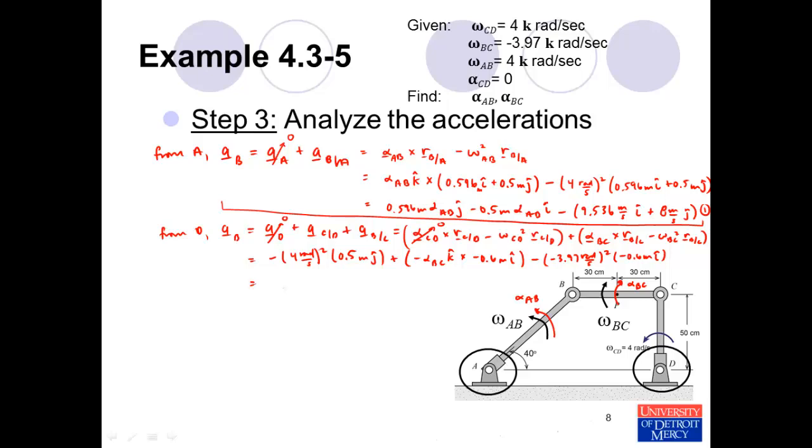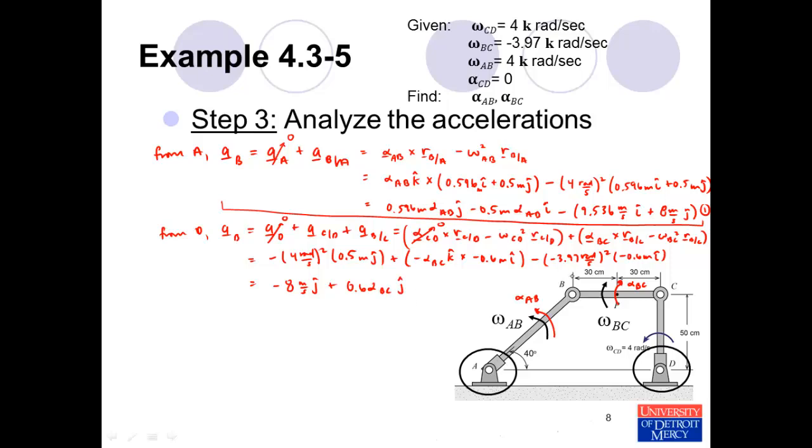And so if we expand all of that out, again, very quickly, this works out to be negative 8. 16 times 0.5 is 8 meters per second in the j. Then we have this term, which works out to be 0.6 alpha BC, the positive j.